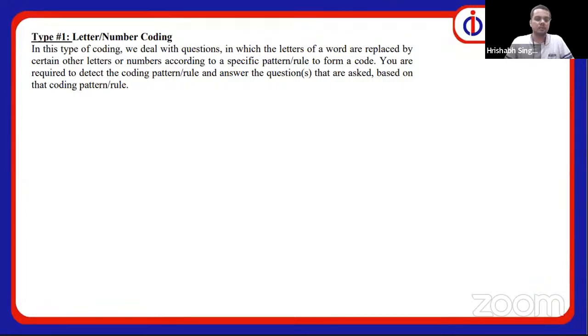So let's talk about the number one type. Pattern number one, the letter number decoding. For example, say there is something given that GIVE is coded as VEGI.